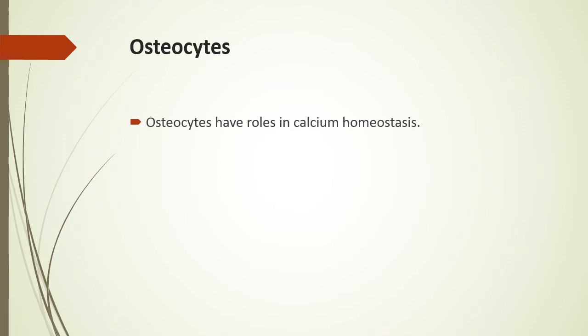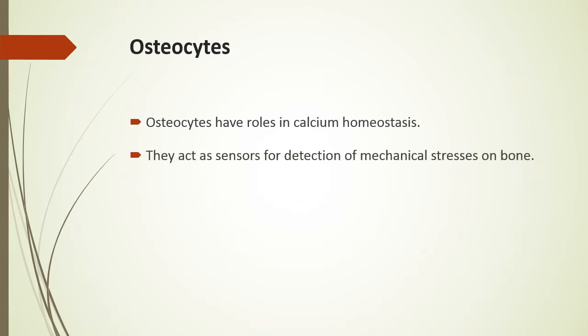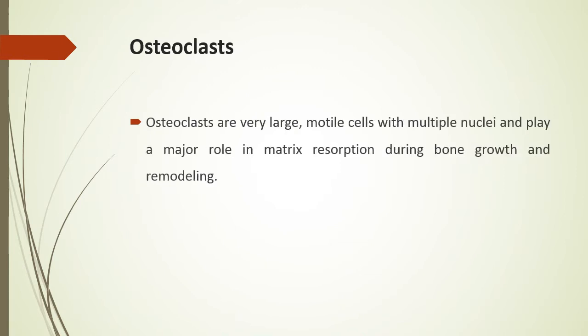The osteocytes have roles in calcium homeostasis, playing a big role in regulating calcium levels in the body. And they act as sensors for detection of mechanical stresses on bone.